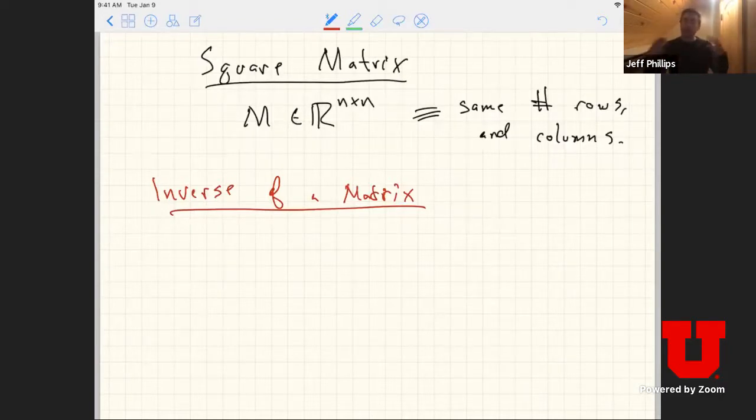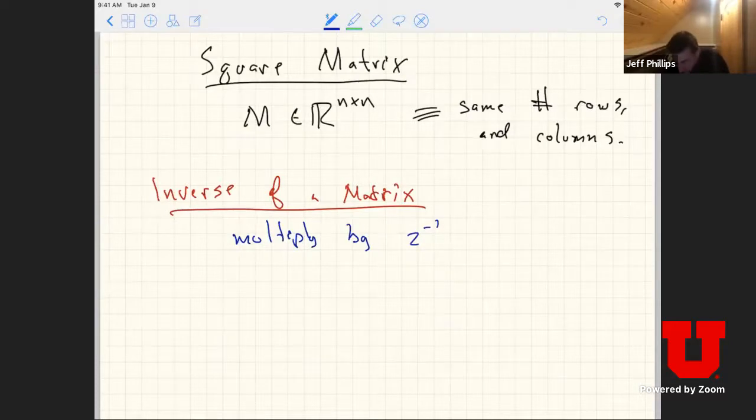As an analogy, if I multiply by 2 to the minus 1, then this is equivalent to dividing by 2.